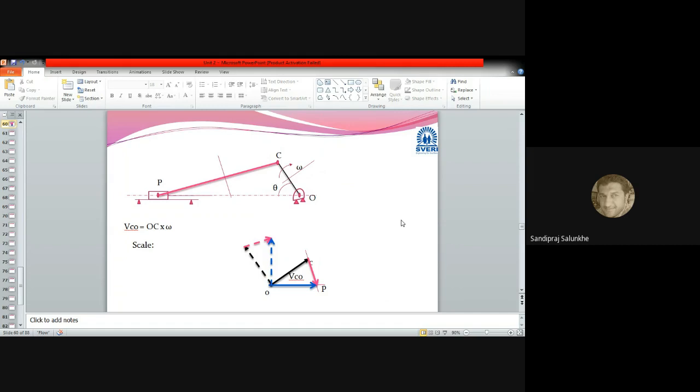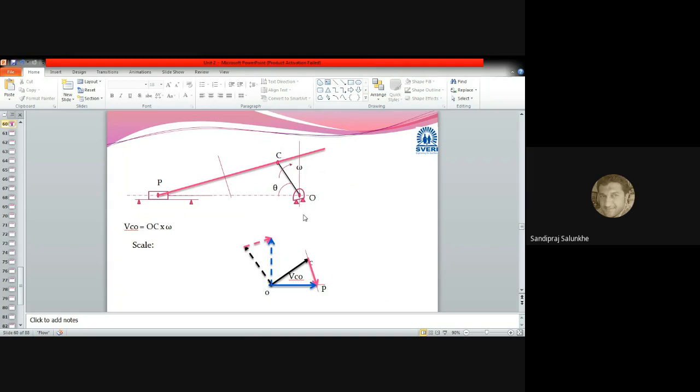Now, as suggested, we will extend the line passing through C from P, and draw one line perpendicular to the line of reciprocation through point O. I will delete this line because we already know it.